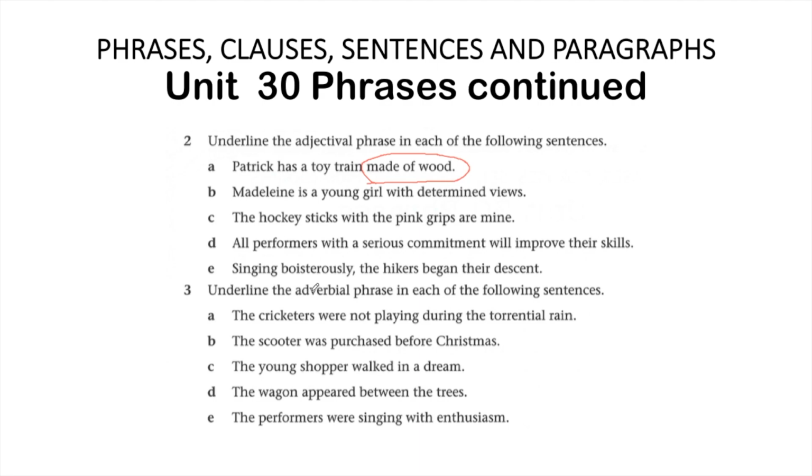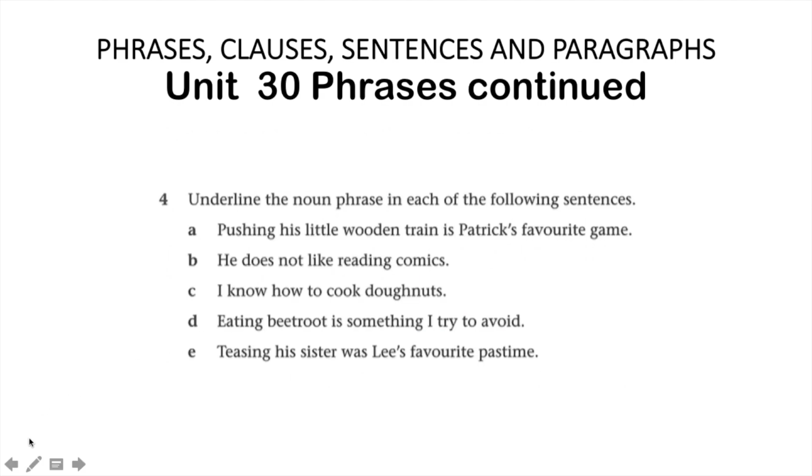For question 3, we want to look at the adverbial phrases. So we're looking at something that's describing the verb. The cricketers were not playing during the torrential rain. Well, we should know that during the torrential rain is describing the playing. Therefore, that is the adverbial phrase. If we continue on with question number 4, it's the same sort of concept really.